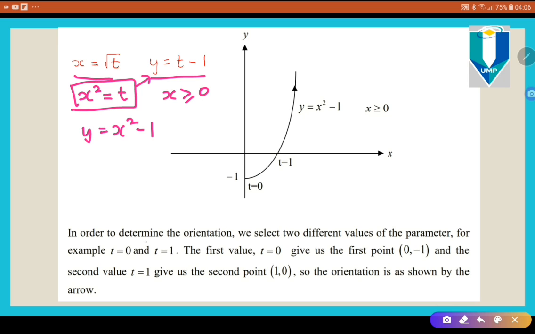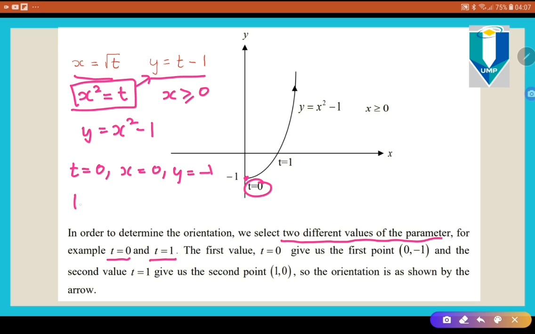To get the orientation, we need to select several values of t. So in this case, let's choose two values, t equivalent to 0 and t equivalent to 1. When t equivalent to 0, x equivalent to 0 and y equivalent to minus 1. So we have that point here when t is 0.